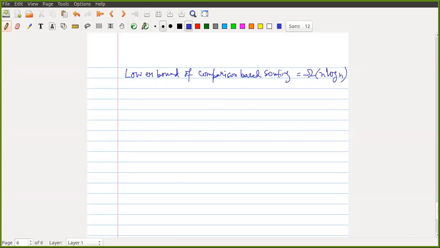So a natural question is, can we do better when we are not doing comparison based sorting? A common example is something called bucket sort, and that is something we will cover now.